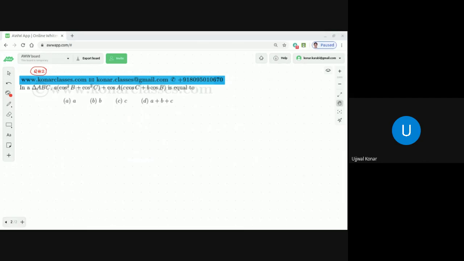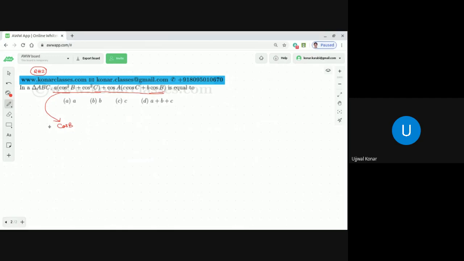So here you can take the help of the projection formula, dear students. If you look into the expression that has been given, you can take cos B common.